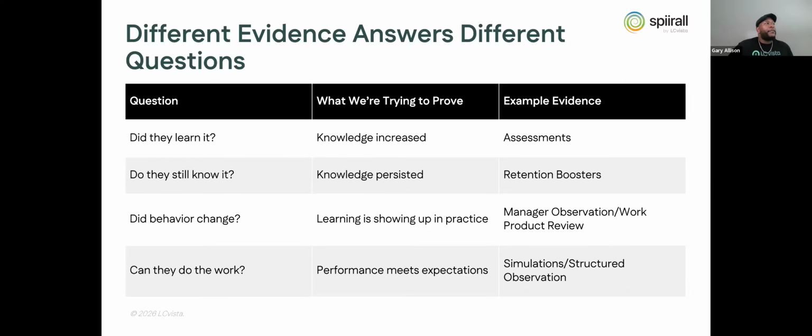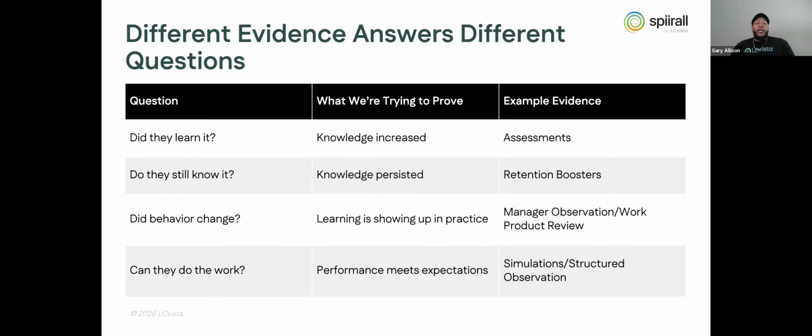Did behavior change? What we're trying to prove is that learning is showing up in practice. People are implementing the new methodologies, the new techniques, the new approaches, and we can see it showing up in their work product. They're following the new methodology. When I review their work papers, I can see the difference since the last intervention that we had.